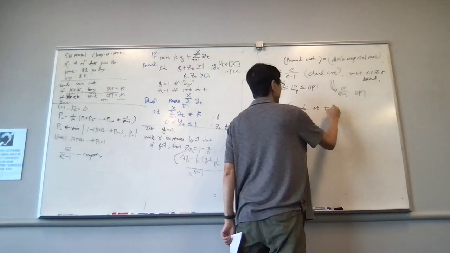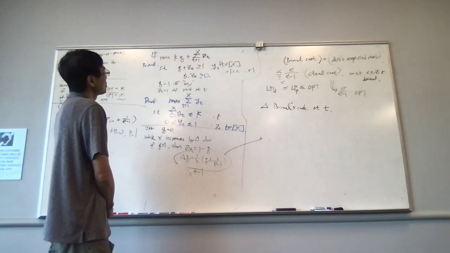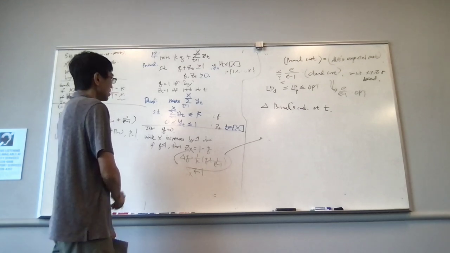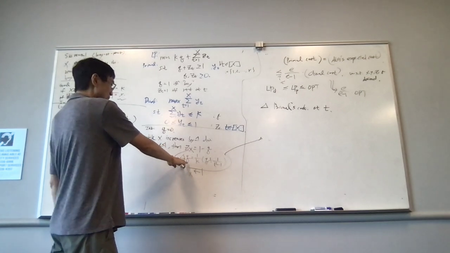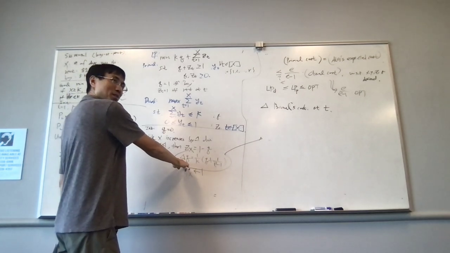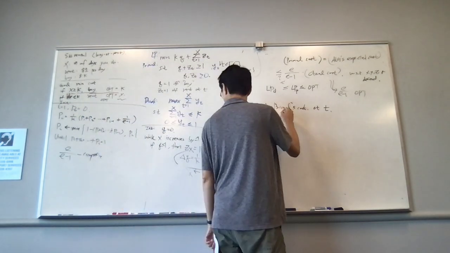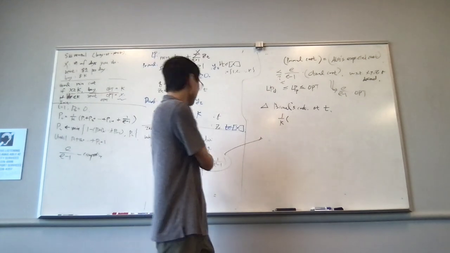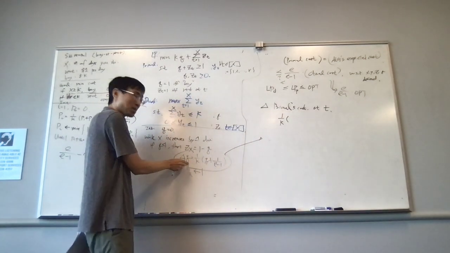At time t, we increase q by delta q, so it'll be 1 over k times, if q was the current value, I'm increasing my purchasing probability by this much.